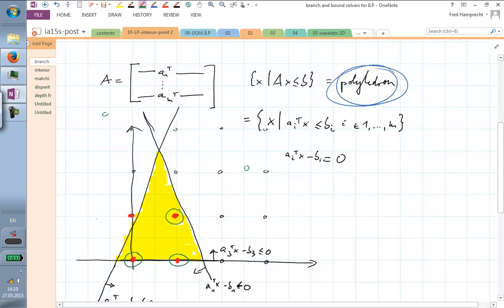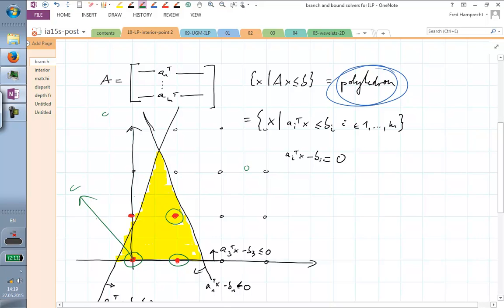Which was pointing in this direction roughly. I think I had it point in this direction. And now let's try, for starters, to solve the linear programming problem only.